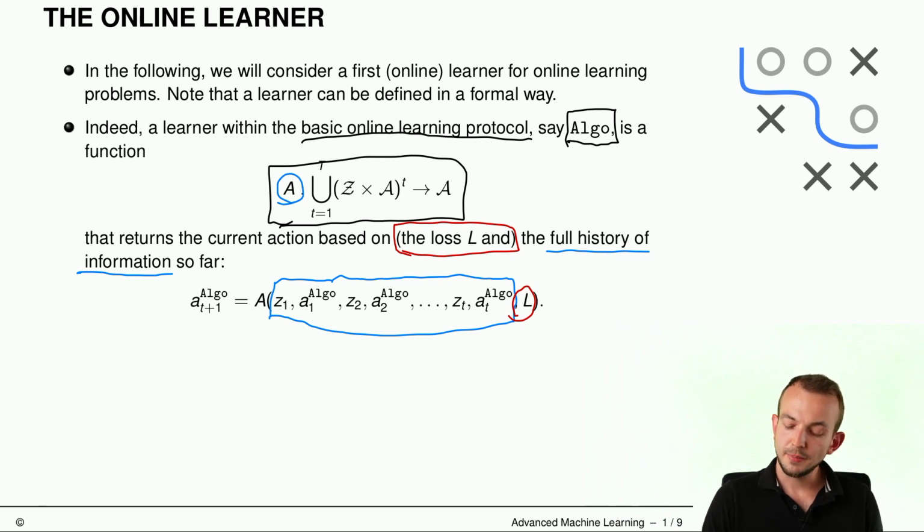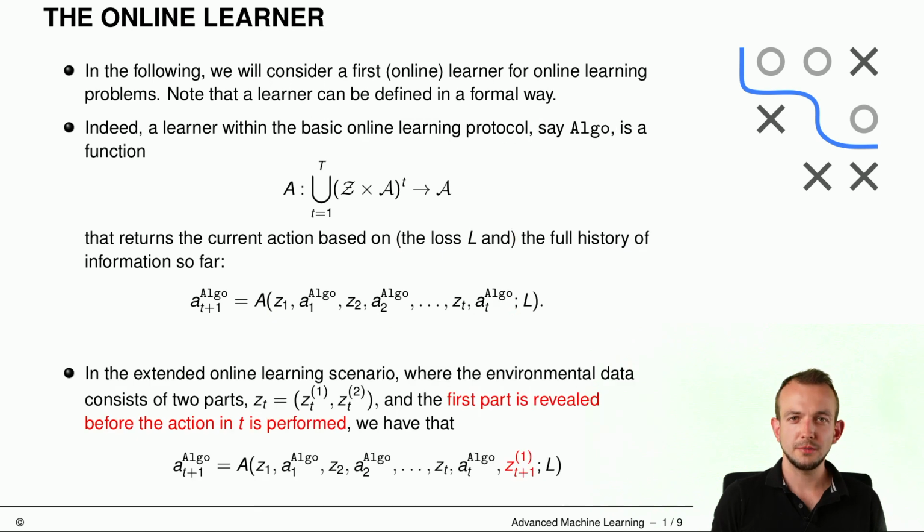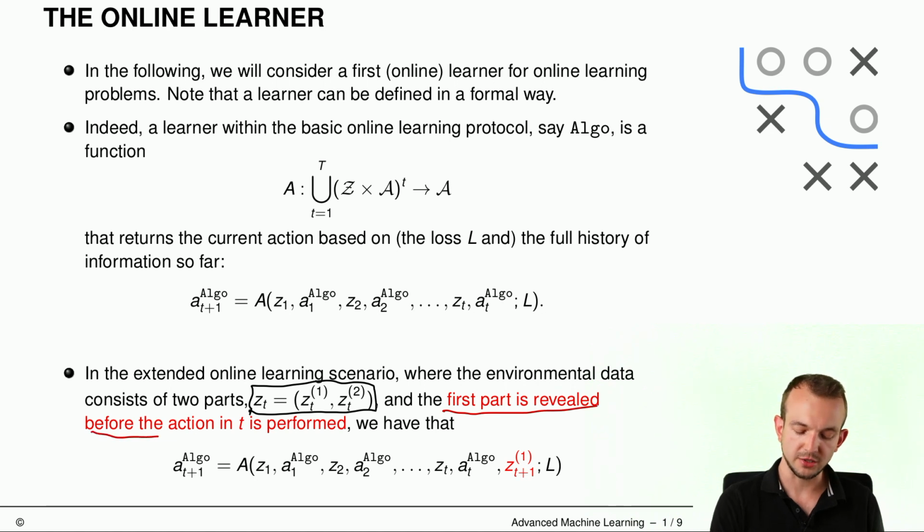So this is for the basic online learning protocol, and you might ask, how about the extended online learning protocol, where, remember, the environmental data point consists of two parts, and the first part of the environmental data point is revealed before the action is performed.